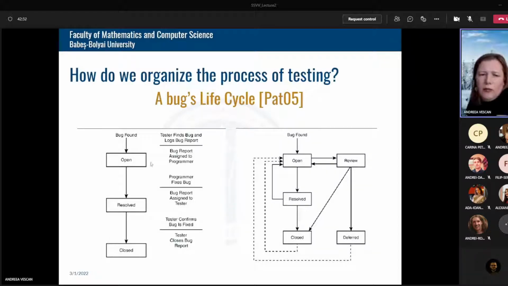So depending on different aspects of bug advocacy, right? To advocate the bugs, there are different actions you can take when you found the bug.